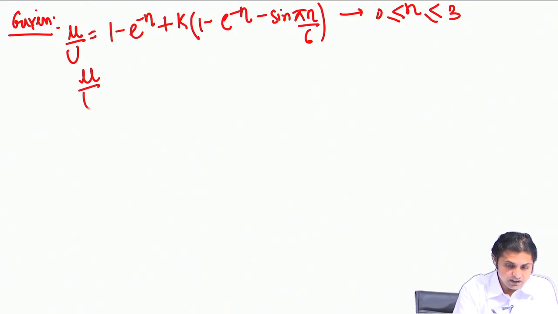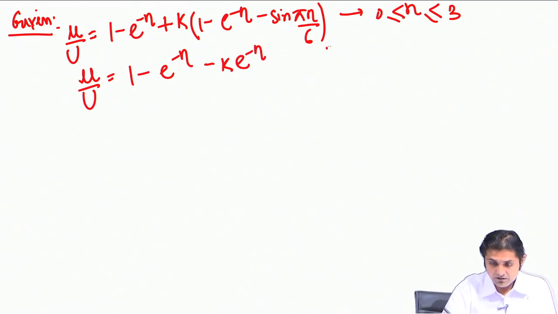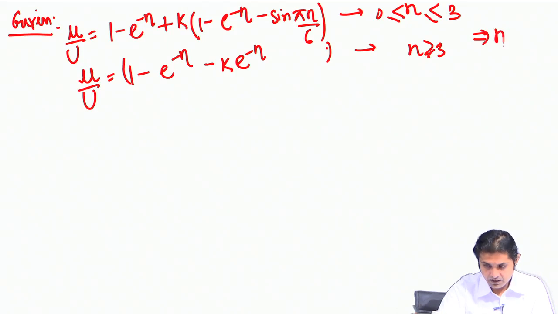Also u by capital U is equal to 1 minus e to the power minus eta minus k e to the power minus eta, and this is for eta greater than or equal to 3. Here eta is given as y by delta.